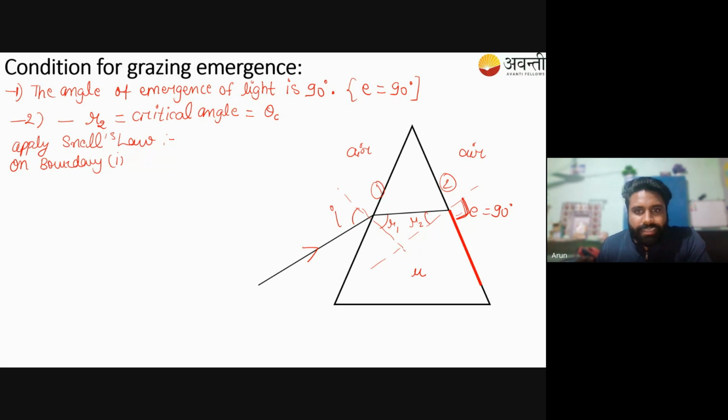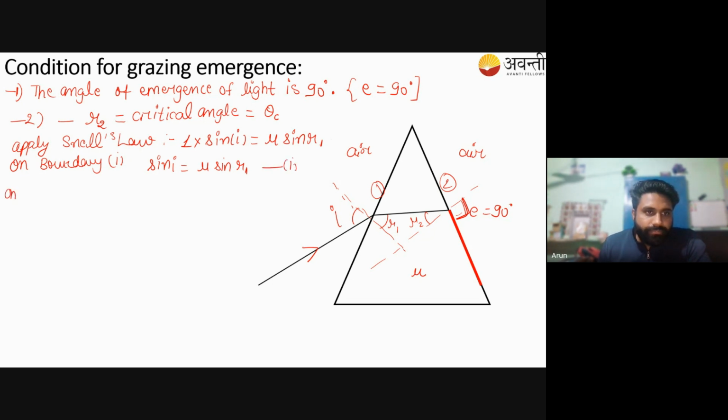So we can write it as refractive index of air, which is 1, multiplied with the sine of angle of incidence, equals to what? Mu times sine R1. So we can write that sine I is equals to mu sine R1. This is equation number 1 we have.